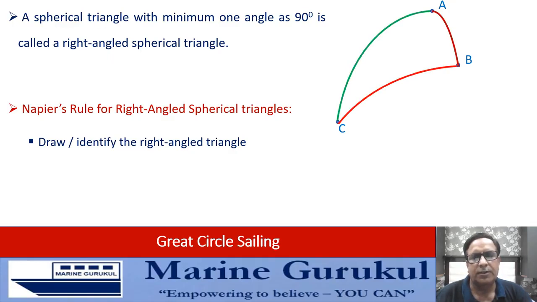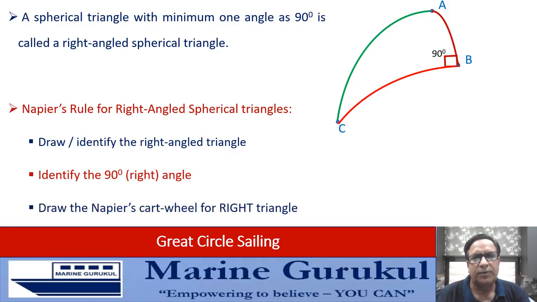So we have a spherical triangle ABC which has come up on the screen. Then we identify the angle which is 90 degrees. Let us say angle B in our case is 90 degrees. So we get ABC as the right angled spherical triangle, which has 6 parts, 3 angles, 3 sides, with angle B being 90 degrees. Now we make the Napier's cartwheel.